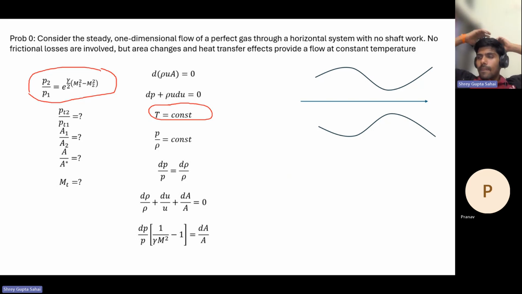So a square is dp by d rho. See, so no frictional losses, no shaft work, but area changes and heat transfer. So it's not an isentropic flow though, right? So it's gamma RT only. Can't use that, I guess. That's it, right?